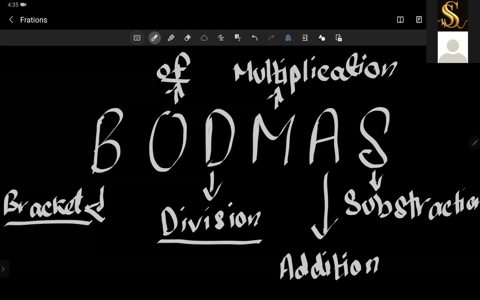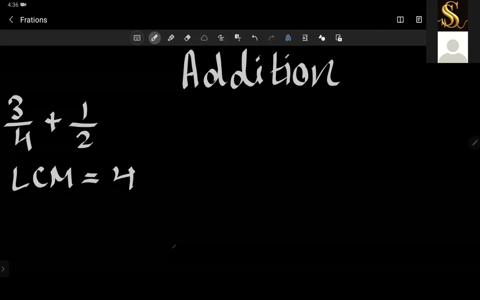So here I have taken the fractions as 3 upon 4 plus 1 upon 2. The first step to add these fractions is to find the LCM, which here will be 4. So now make the denominator the same as the LCM.